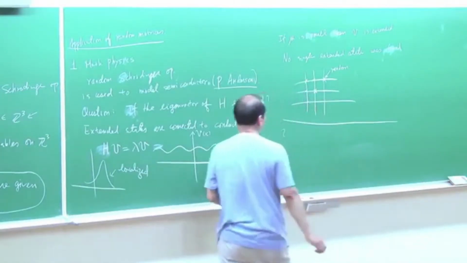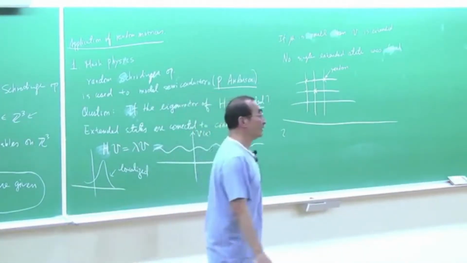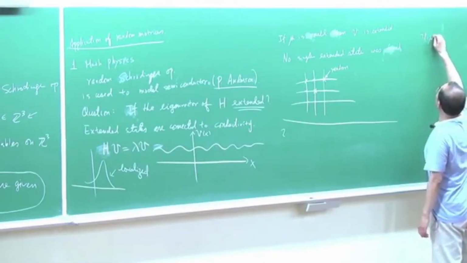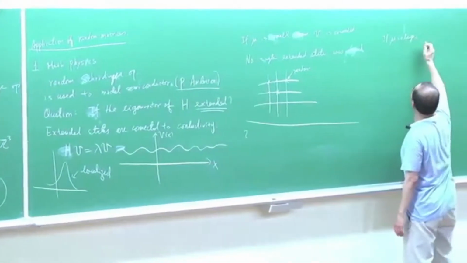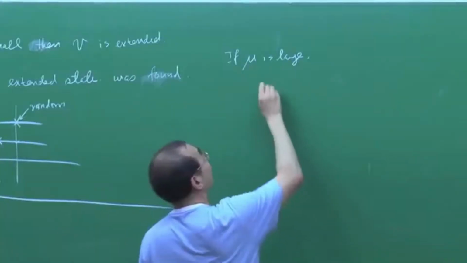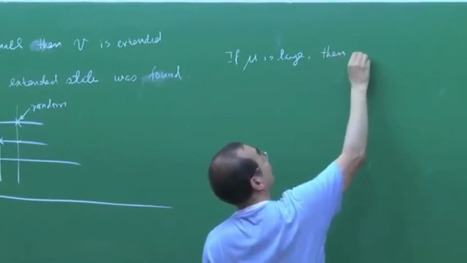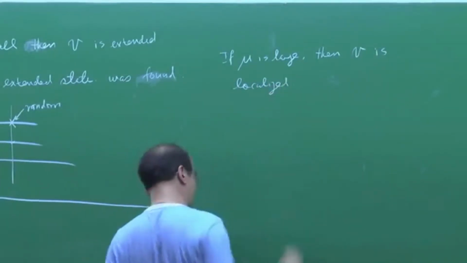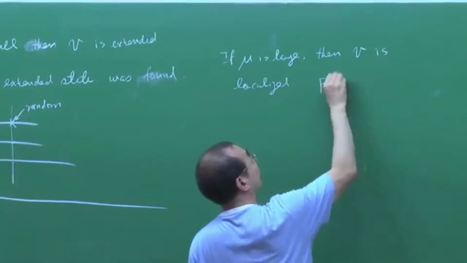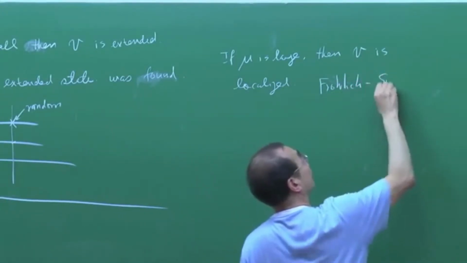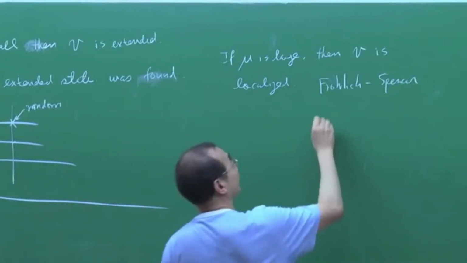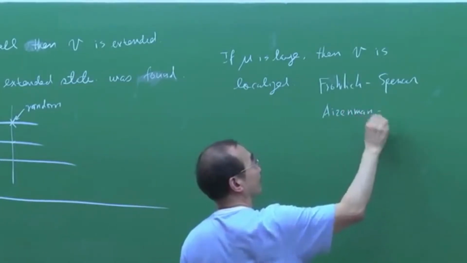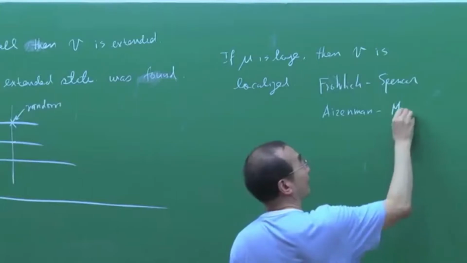And then the second application: localization was proved. If mu is large, then it's localized. This was proved by Fröhlich and Spencer, and then a second proof was given by Aizenman and Molchanov. I forgot how to spell his name.